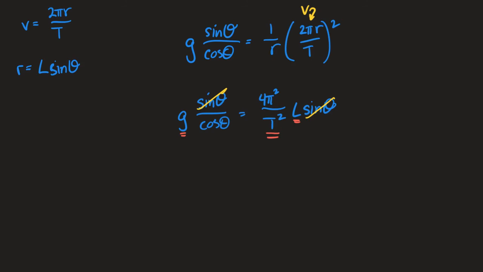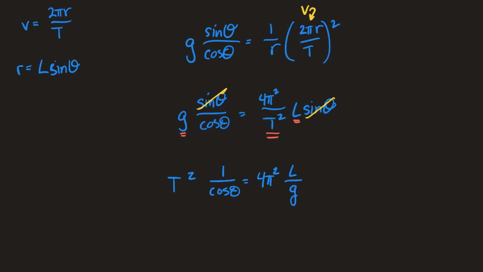I'm going to multiply both sides by t squared and divide both sides by g. So this is a lot for some of you to do in one step, but I'm indifferent. And more importantly, it's 228. So t squared on one side and times 1 over cosine theta equals, and on the other side, I'm going to have 4 pi squared L over G. Looking good, huh?